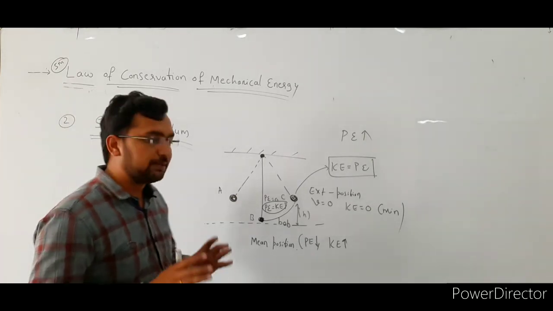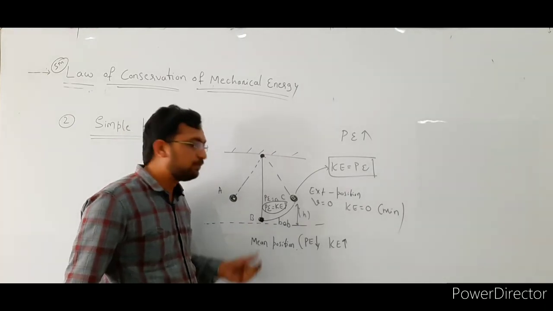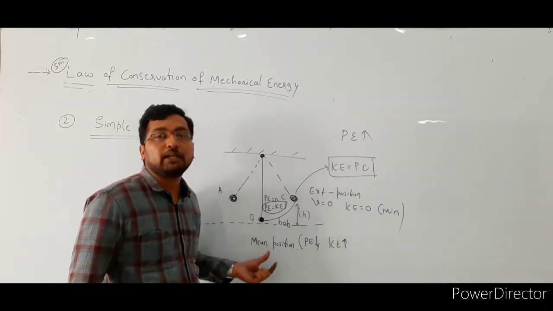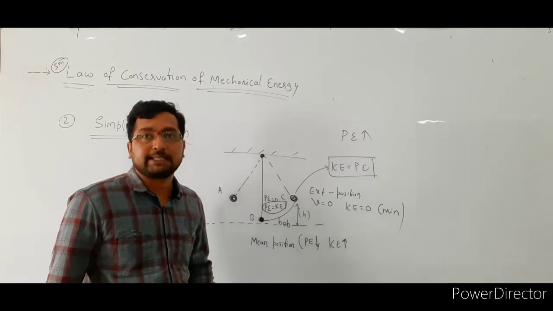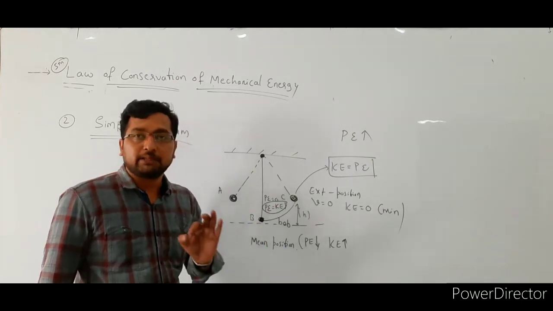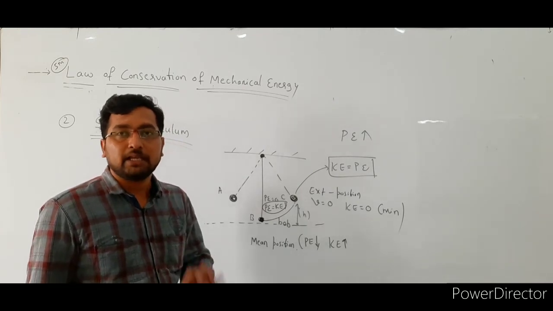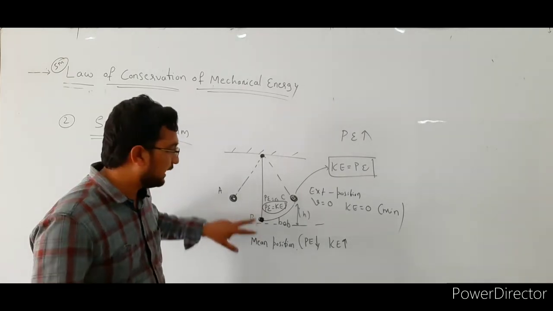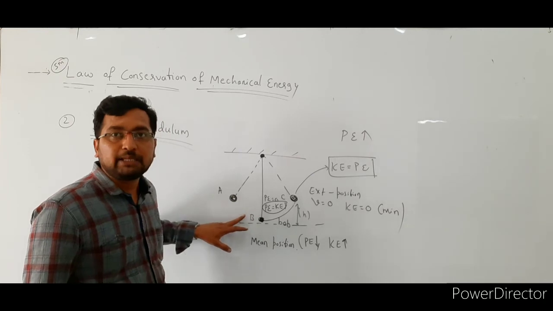See here, just remember the points. At mean position, the kinetic energy is maximum and the potential energy is minimum or 0 at point B. So this is the mean position.